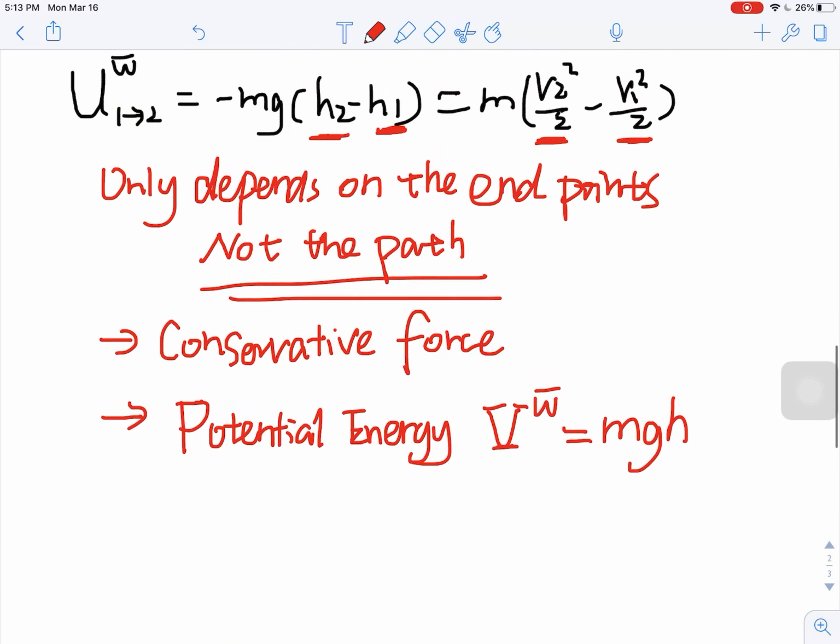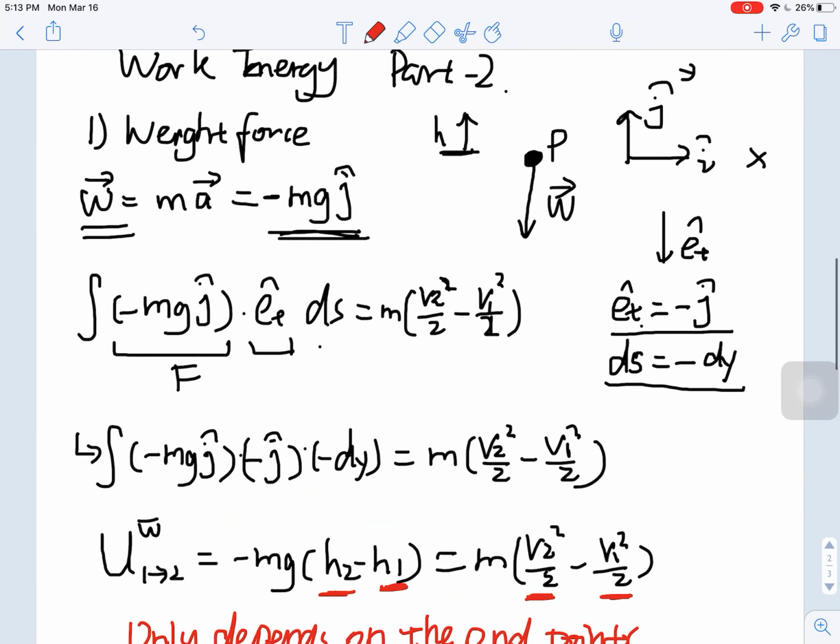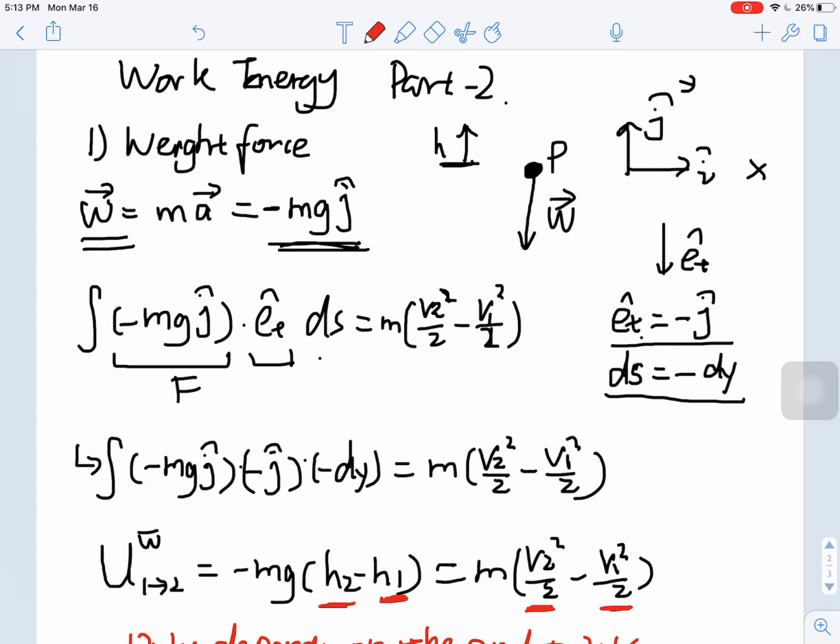So that's the first analysis of the work energy equation for the weight force.